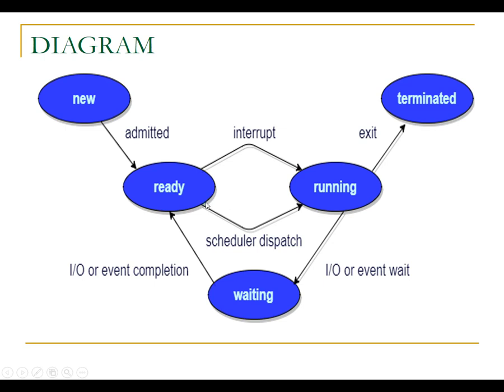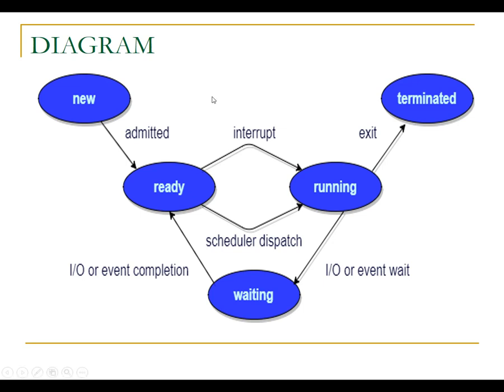Now during this switching from ready to running, the process can even get interrupted, if uncertainty is generated in the system and the system or user interrupts that particular process.